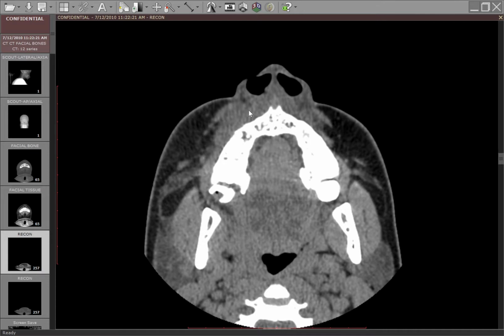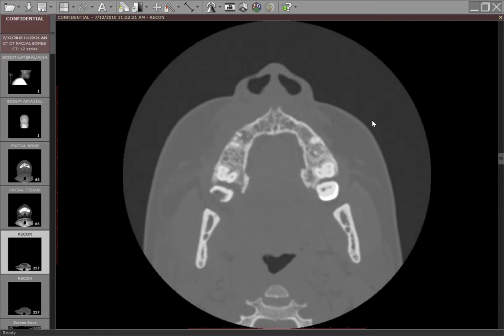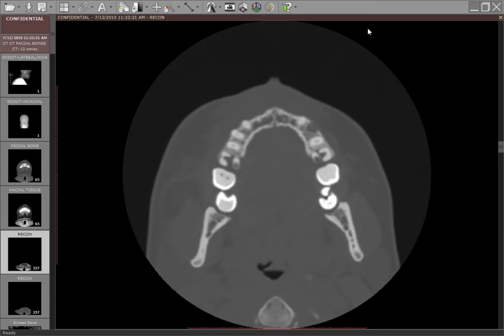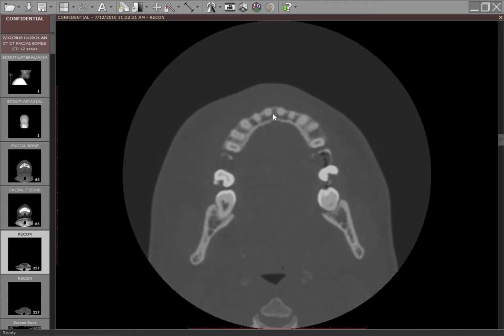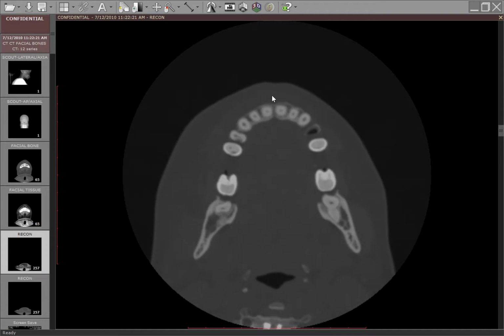So I want to figure out what's going on right here. So I'm going to look at the teeth and switch to bone windows. Let's see if we can figure out what's going on. Let me window it a little bit more so you can see all three tissues of the teeth.